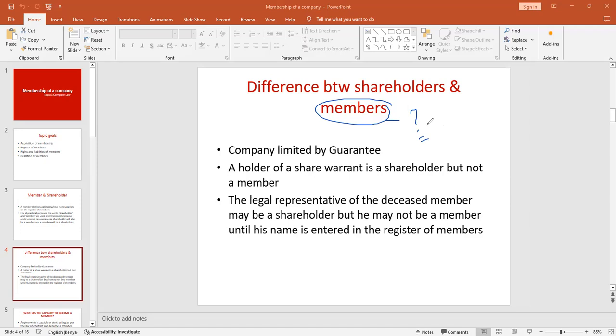Membership, who can become a member? If you have no idea, you say no idea so that we don't waste a lot of time waiting for a response that isn't coming, right? So who can become a member in a company?